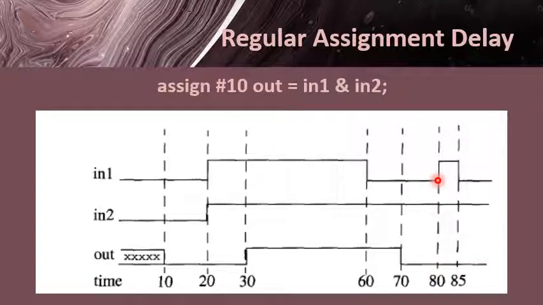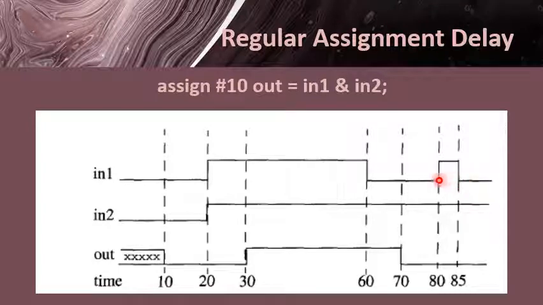The change here at 80 has not been accounted for at the output. This is because the pulse that went to 1 at in1 at 80 time units was 1 only till 5 time units. That is, at 80 it became 1, and at 85 it came back to 0.